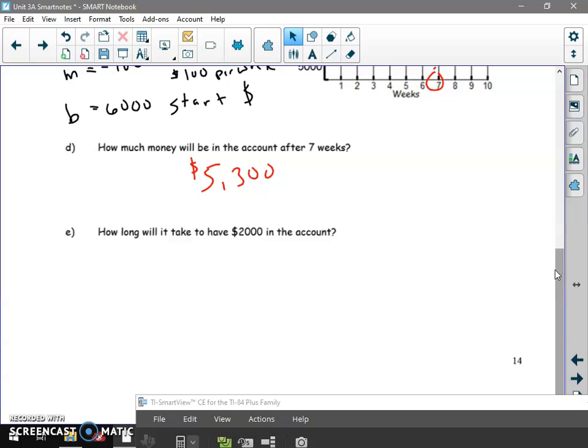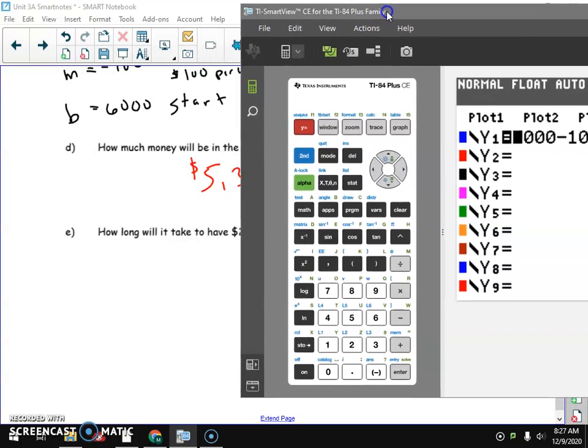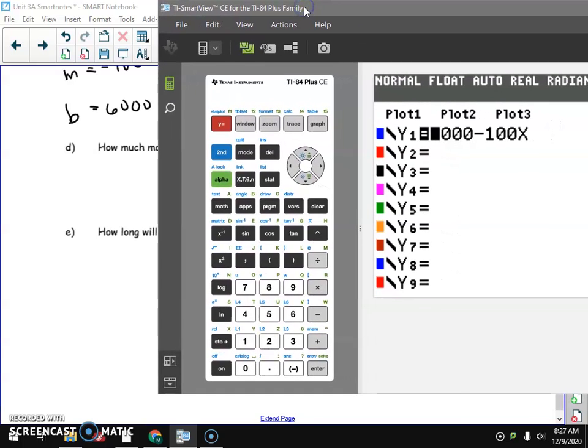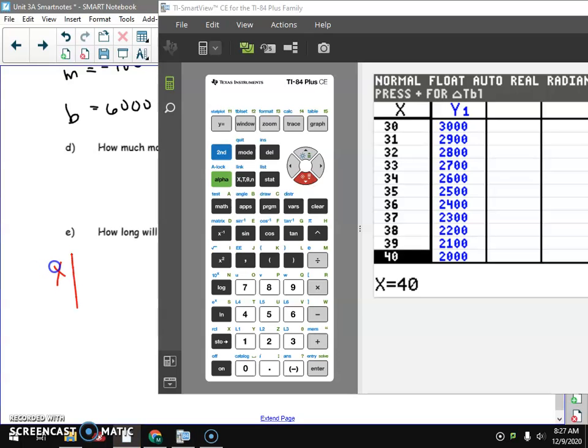So if I go to y equals, clear out the old equation. Oh, I've still got it in, sorry. And we want to do 2,000. That 2,000 is in the y column. I can get there pretty quick. There it is. So I'm going to write my little table down here. 40, 2,000.